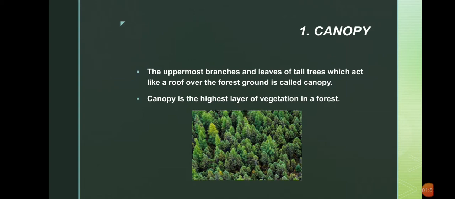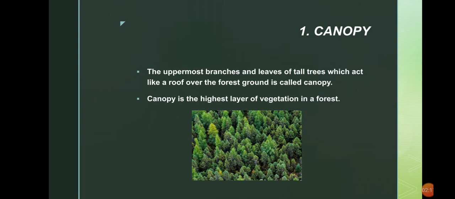In a forest, the branches and leaves of tall trees form a kind of roof or umbrella over the smaller trees and other plants in the forest, right? The uppermost branches and leaves of tall trees which act like a roof over the forest ground are called the canopy. A canopy is more or less a continuous layer of leaves.